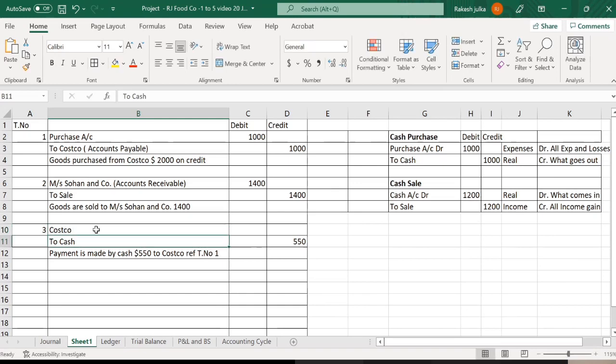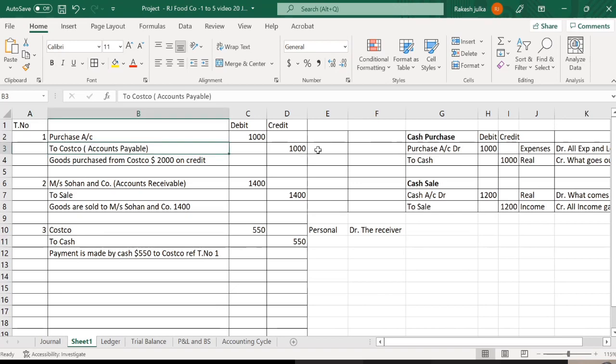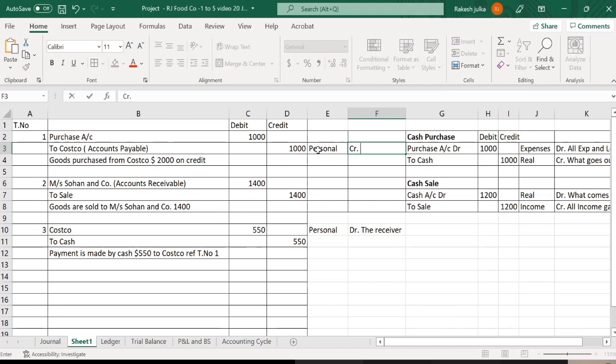So Costco has received $550 from us. So we know this is a personal account, and we know the rule of personal: debit the receiver. And for the cash, personal was credit the giver.